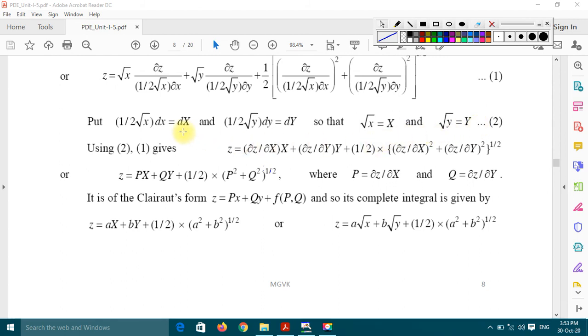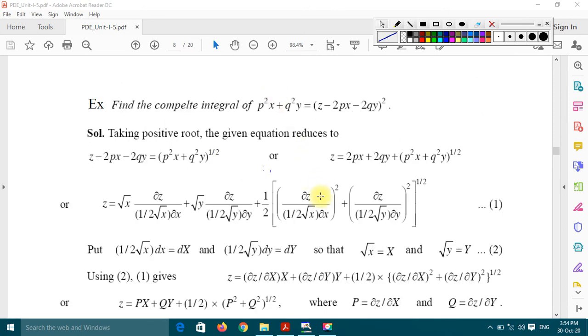So now substitute this into equation 1. We get z is equal to del z by del x, because this will be our d capital X, into capital X, because root x is capital X and root y is capital Y. So capital X del z by del capital X plus capital Y del z by del capital Y plus 1 by 2 into del z by del capital X square plus del z by del capital Y square to the whole power 1 by 2.